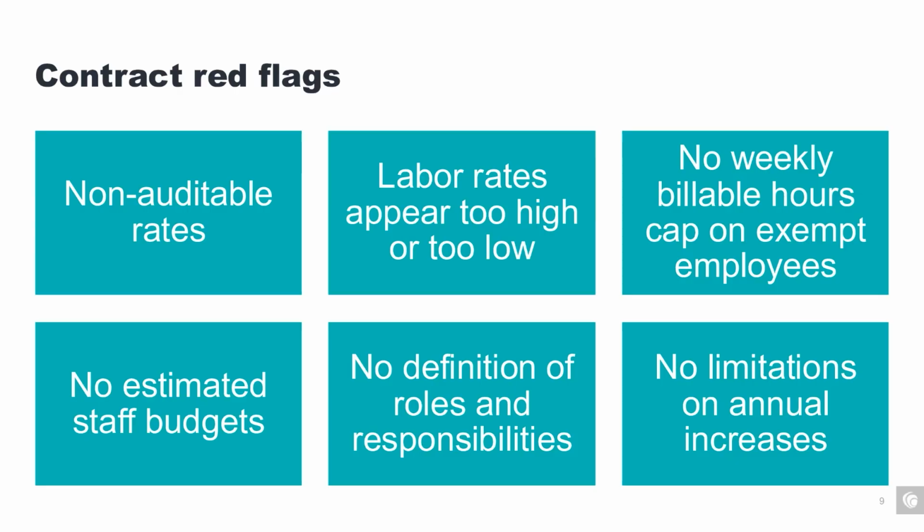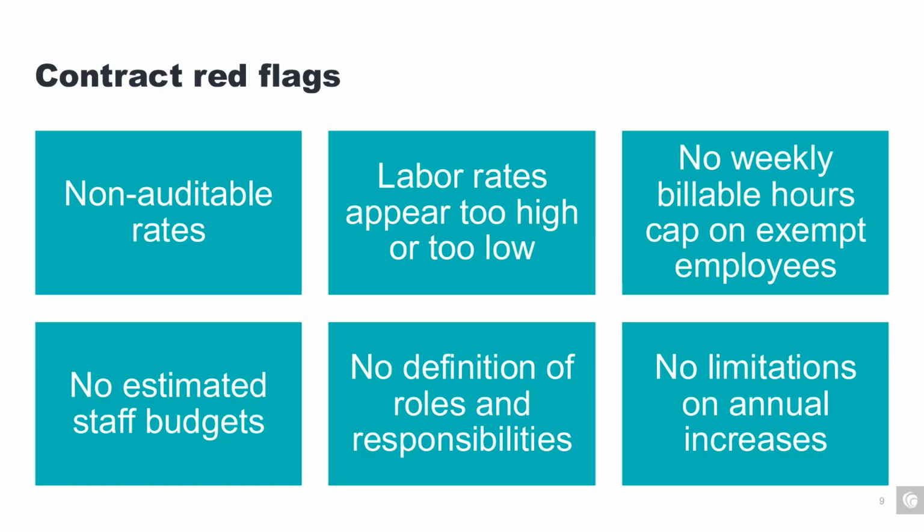During this process, you're going to analyze the various components of the proposed rates and reconcile to the support provided by your contractor, so you can benchmark these rates against comparable projects, industry standards, and/or union agreements that are applicable in your area. Another red flag: no weekly billable cap for hours on exempt employees.